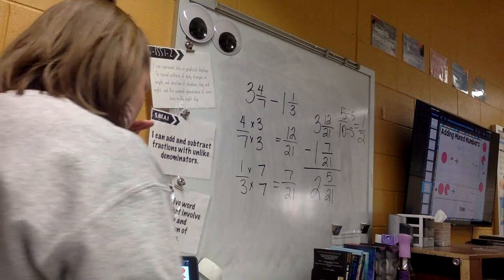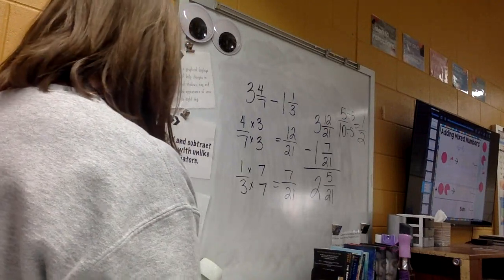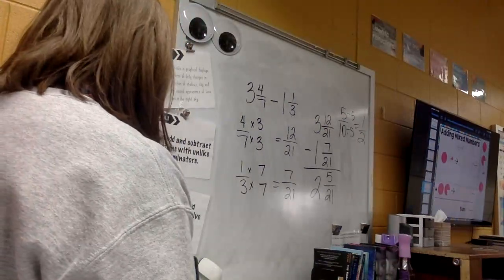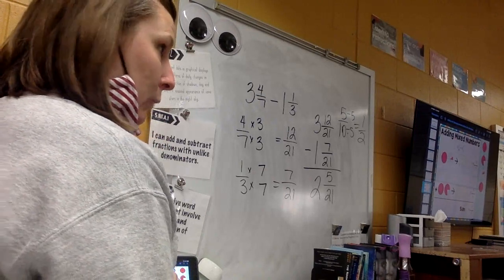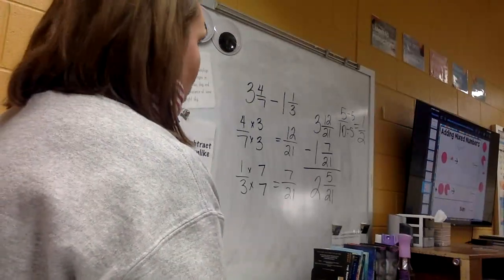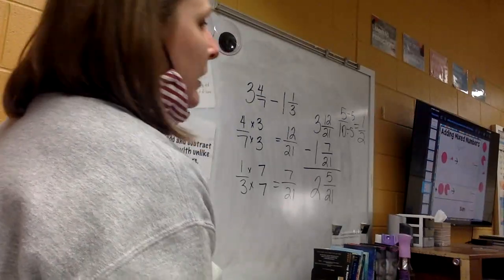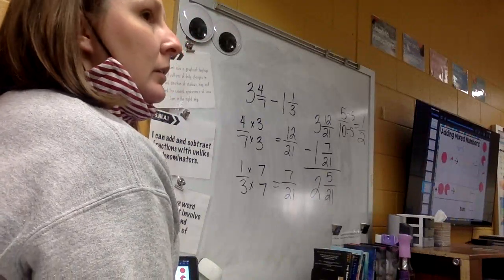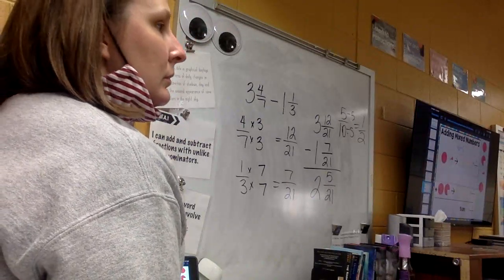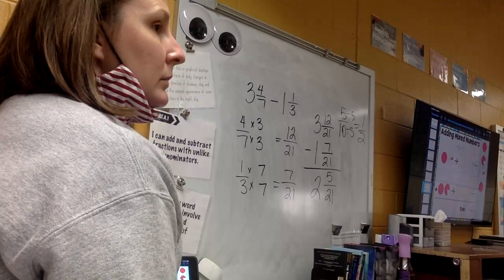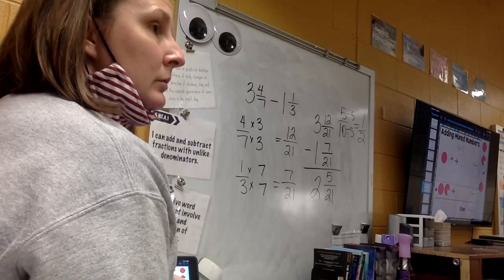So if you look, we have 1 1/10 plus 1 4/5. What's my common denominator going to be? It's going to be 10.